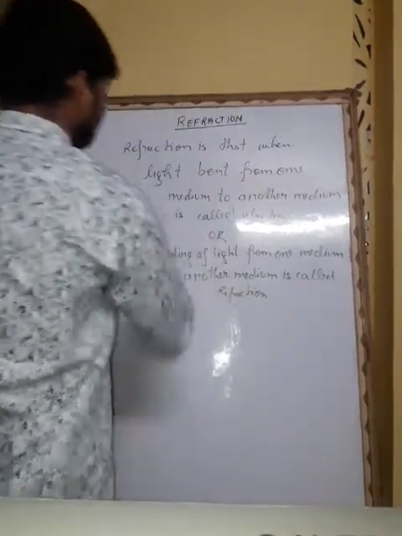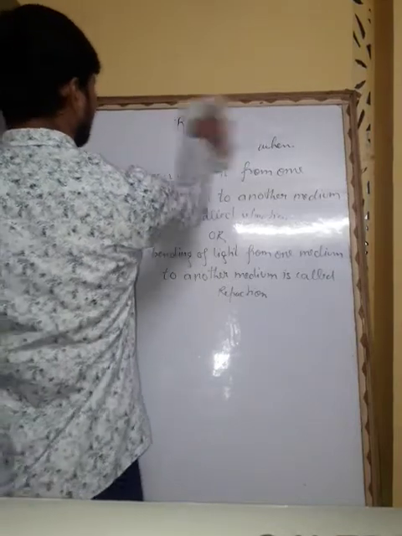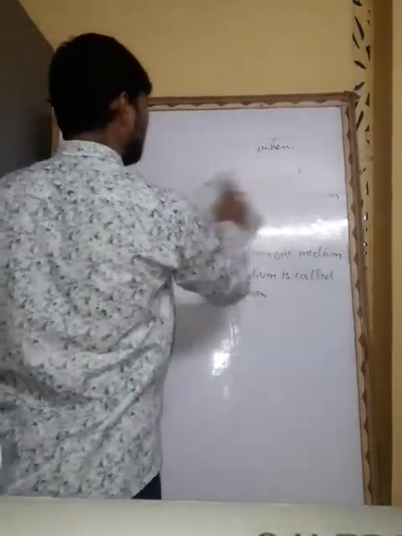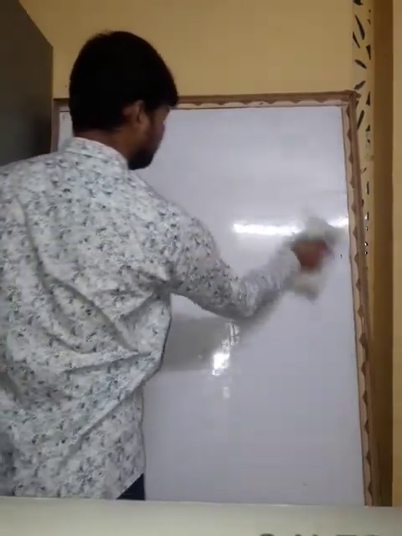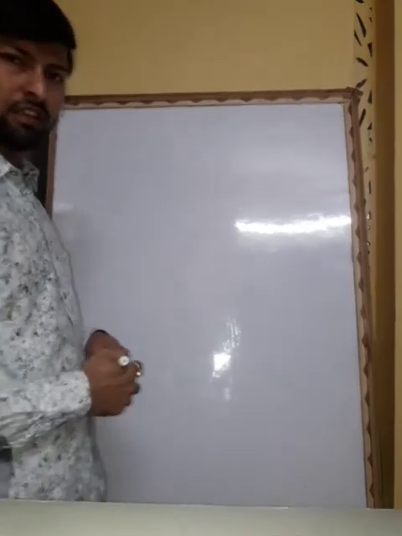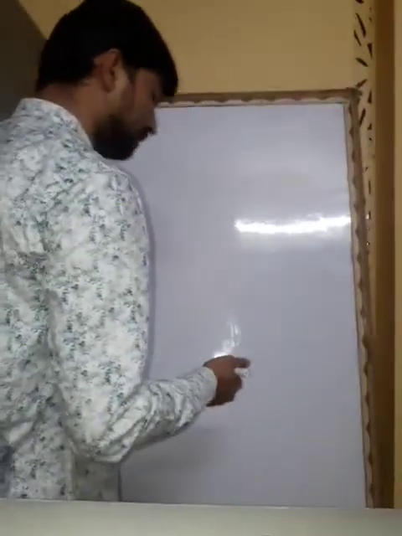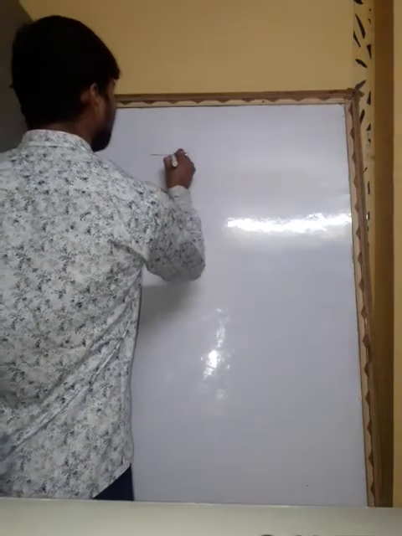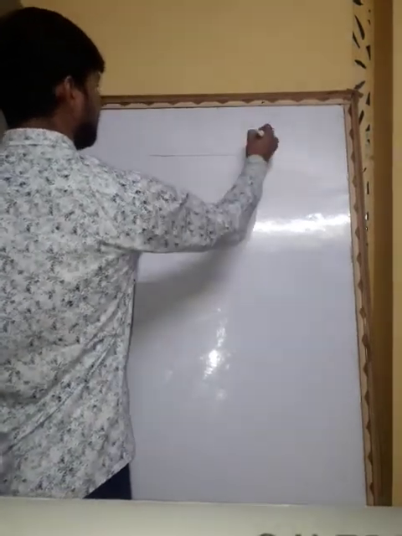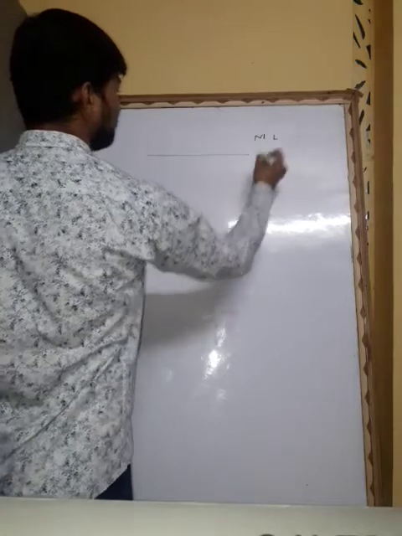Similarly, what you have studied in reflection about laws, here also we will study about the laws of refraction. So first of all, for complete knowledge, see, this is medium 1 and this is medium 2.